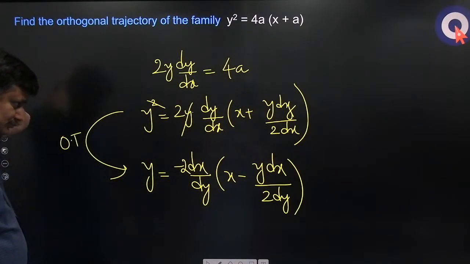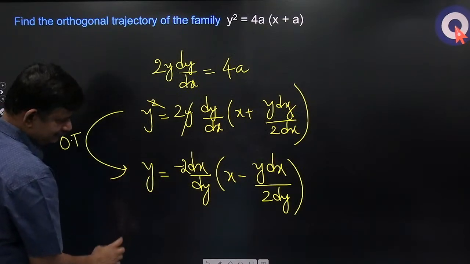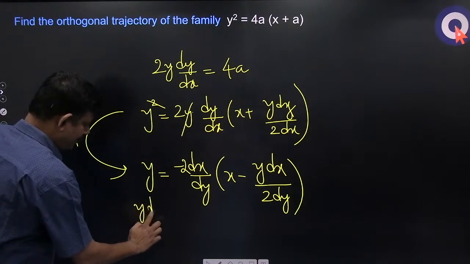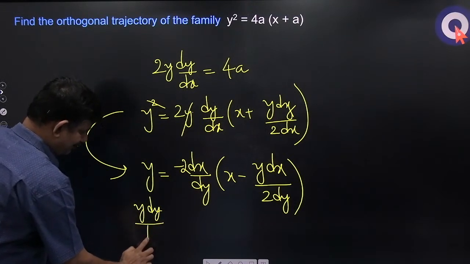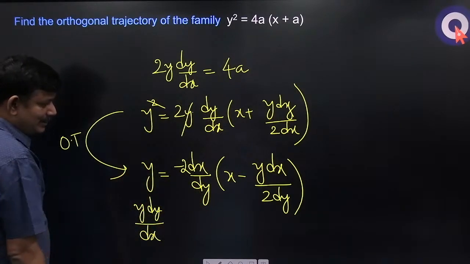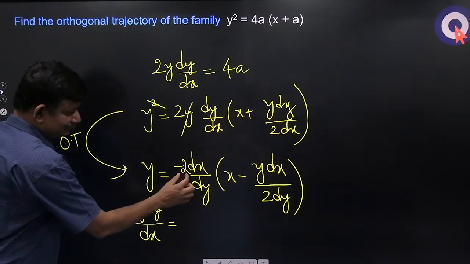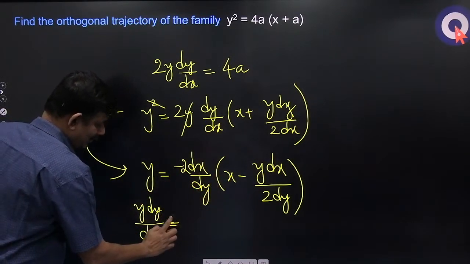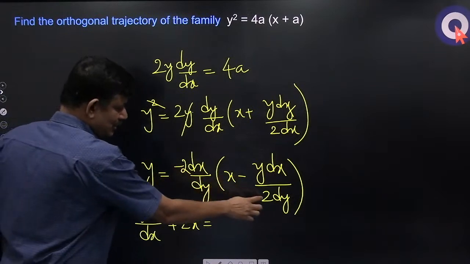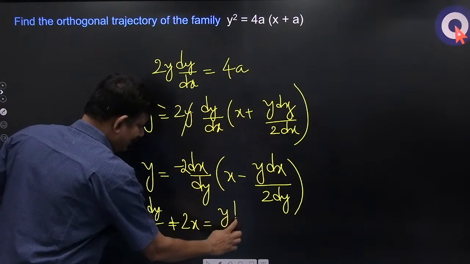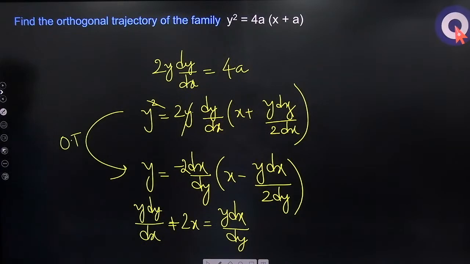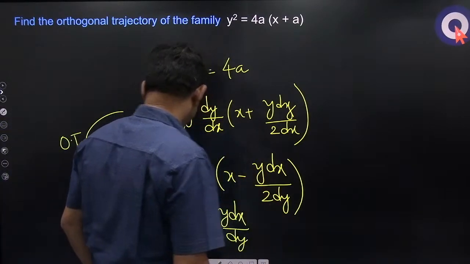I'll take dy by dx to the other side: y dy by dx is equal to minus 2x, or I can write 2x here is equal to minus y dx by dy, where 2 and 2 get cancelled.